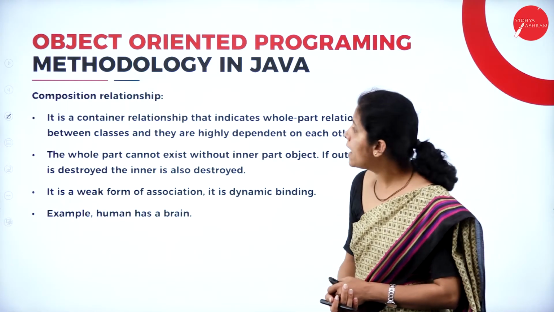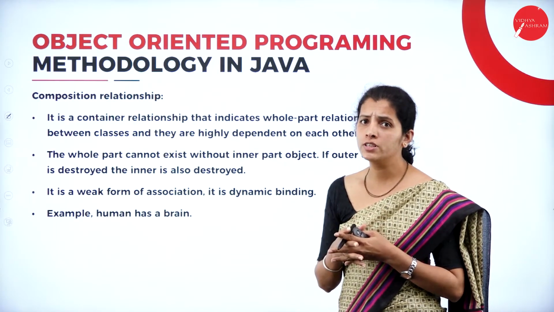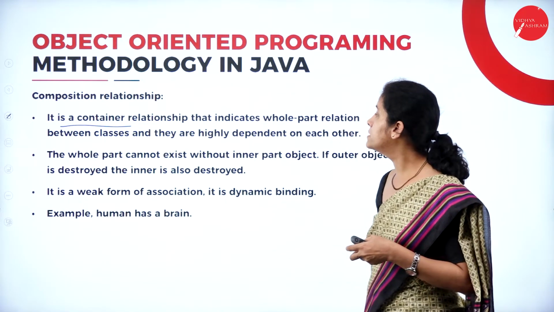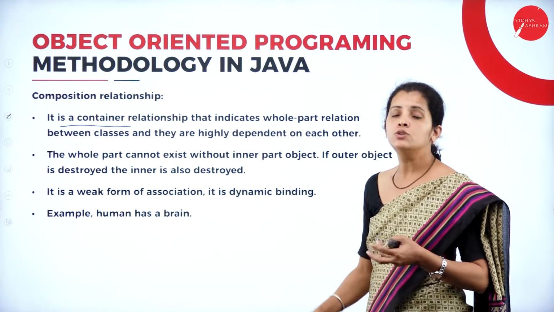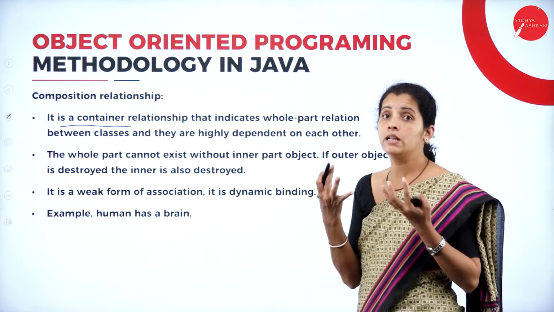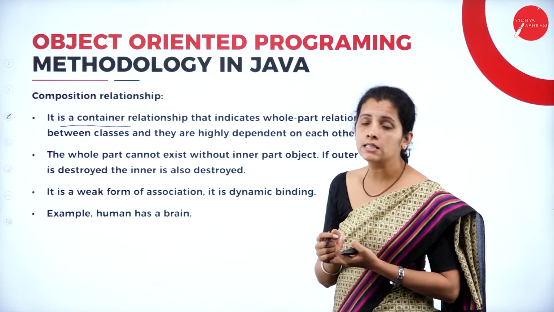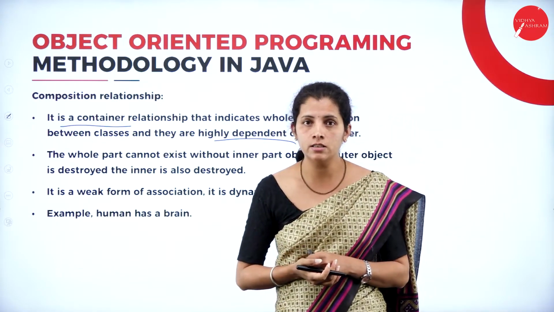Now I'm going to cover composite relationship. So what is composition? It is a container relationship that indicates a whole part relationship. So there is a whole part relationship between the outer class as well as the inner class, and they are fully dependent on each other.